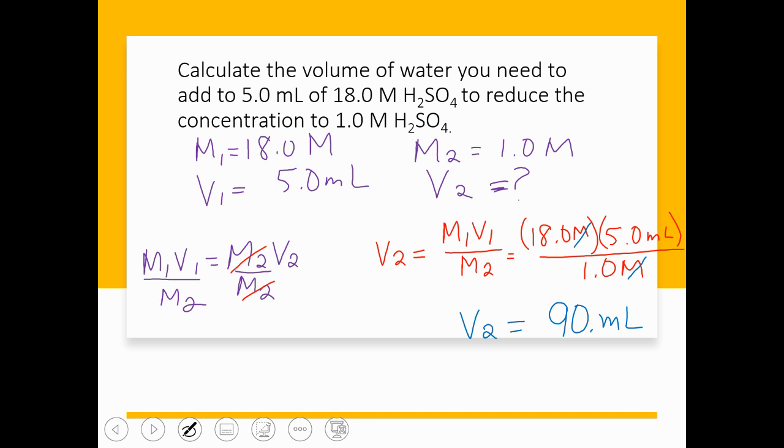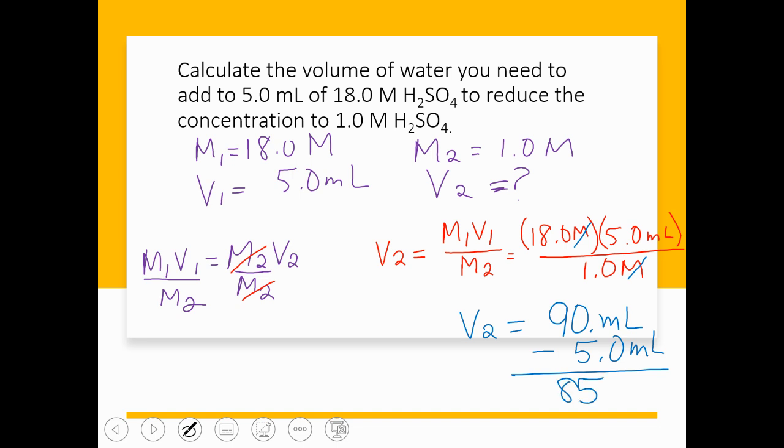Now, that's the new volume. The question, though, says calculate the volume of water you need to add to it. Actually, you should add the acid to the water, right? And so subtract out the original acid that was already in the container, and I get 85.